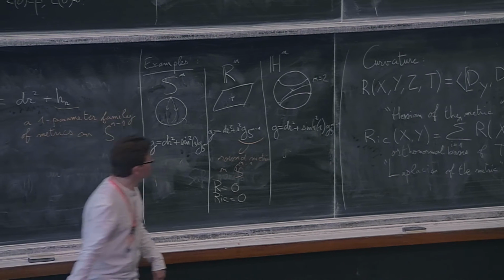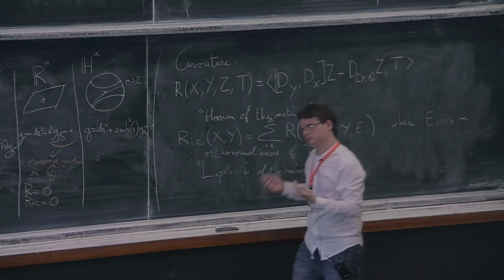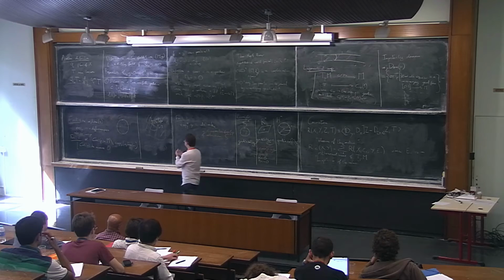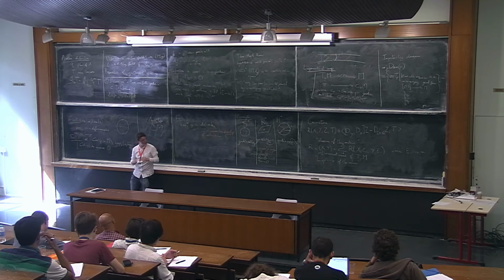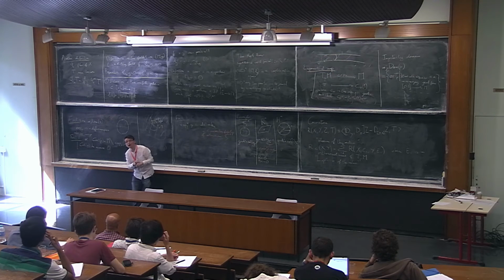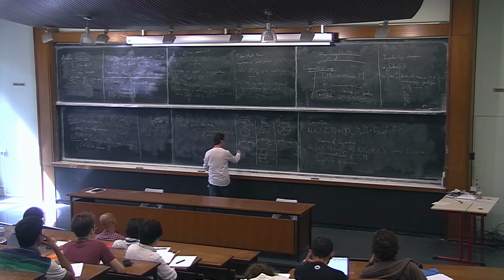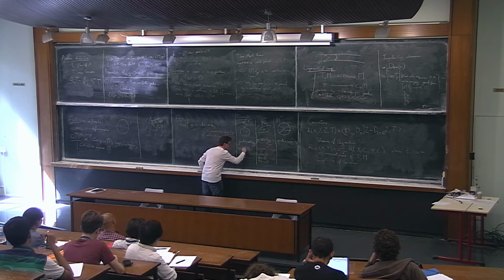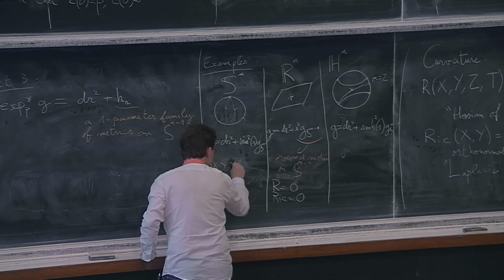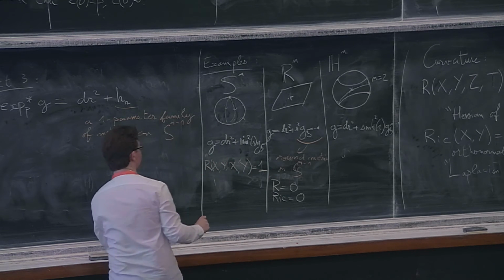Okay, so apart from this interpretation, the curvature measures the lack of commutativity of covariant derivatives acting on vectors but also on other tensor fields. Here I need the vector fields, but this is a sectional curvature.